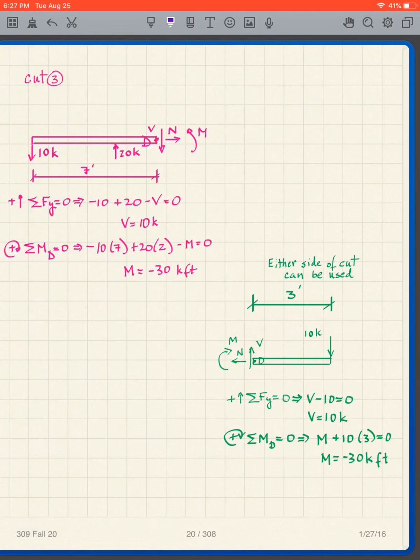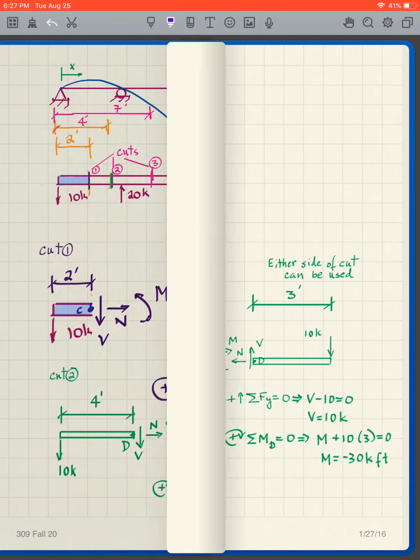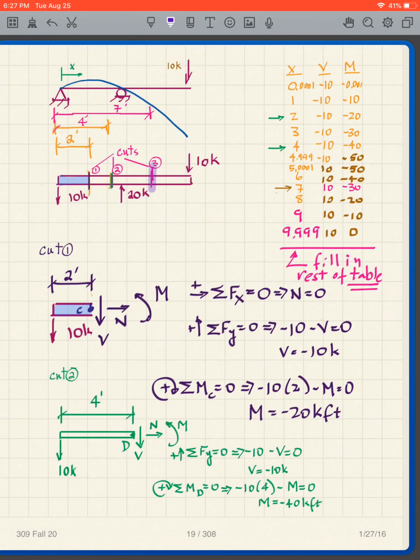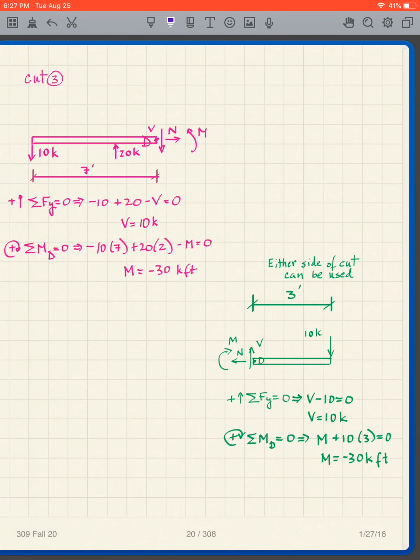Okay, so let's look at what happens when we do cut 3. Cut 3 is over here past the roller. So what are we going to get for our V, N, and M? Now I have to include the 20 kips there.